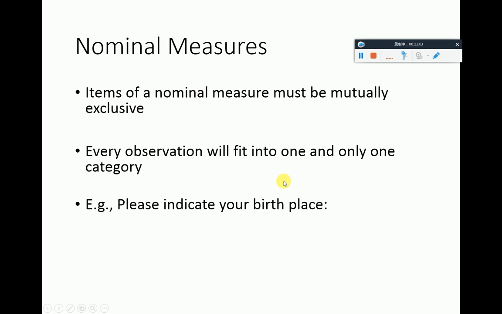As an example, imagine Andrew would like to measure people's birthplace. So this is our variable, birthplace, because people's birthplace definitely differs. So this is a variable.